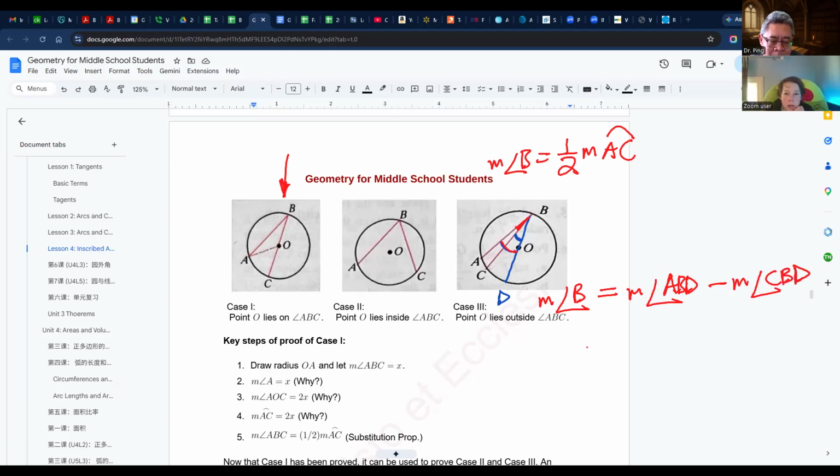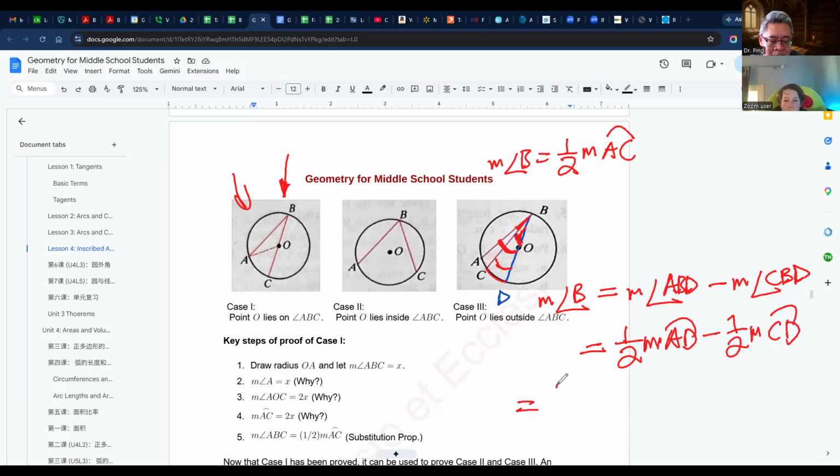Yeah. Okay, so what's measure ABD? ABD is this one, and we know this is half measure of AD. So based on this, minus CBD, which is this angle, which is half of measure of CD.